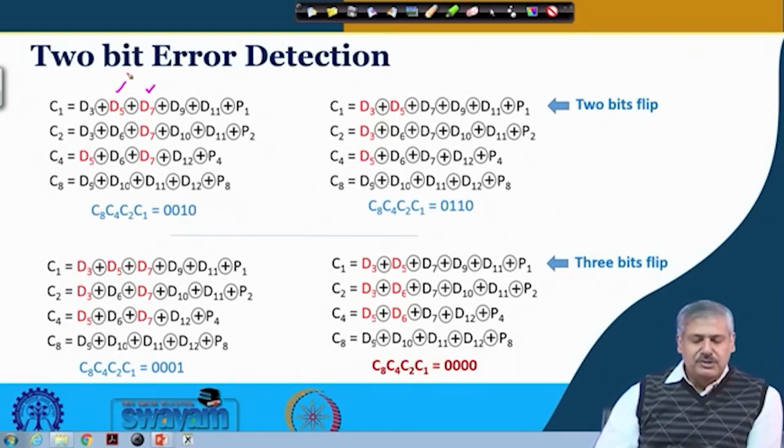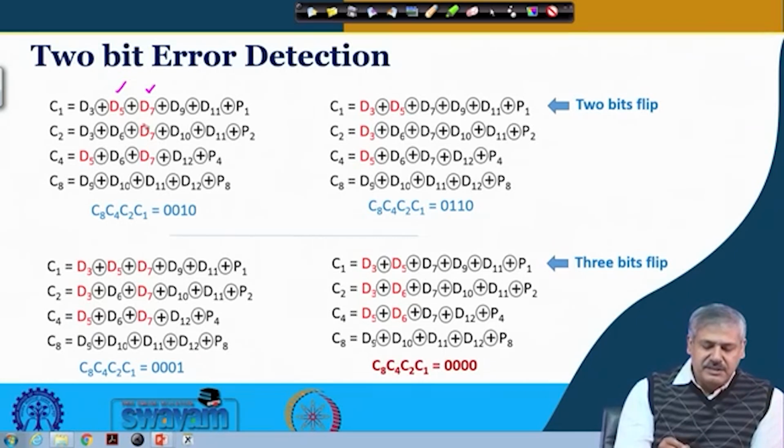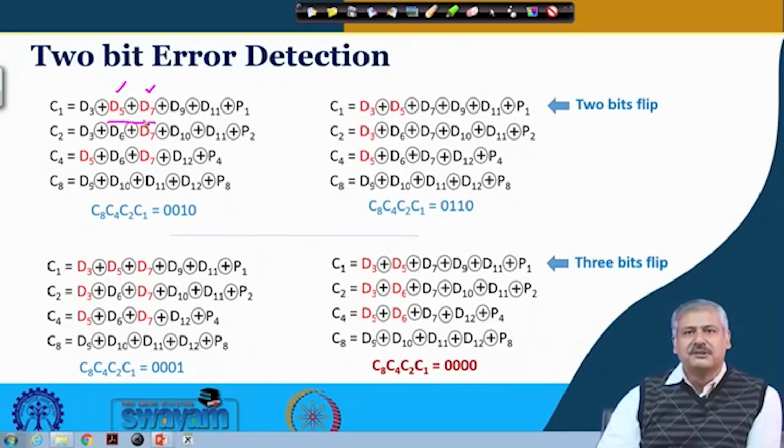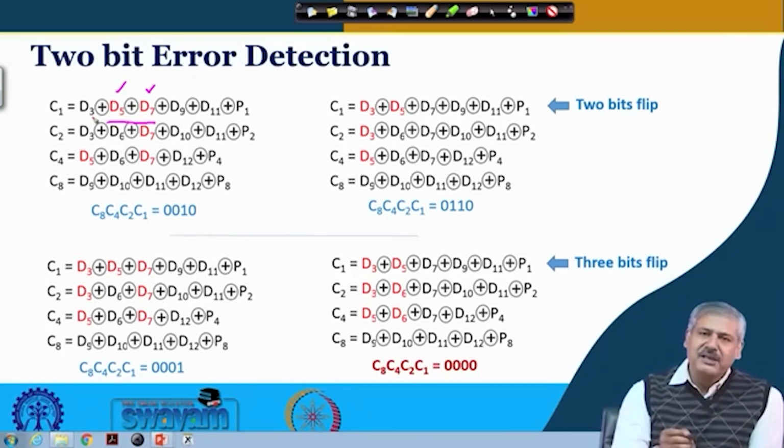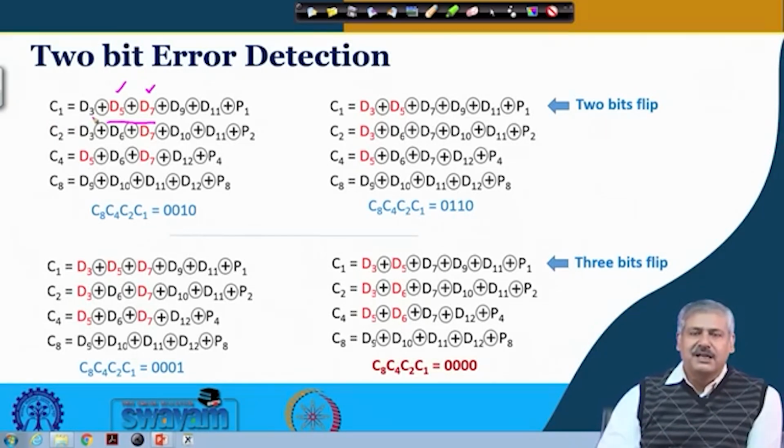What will happen in this case? Since 2 bits have flipped, C1 will be 0 only. If one bit flips, then it will give a 1 when we consider the parity bit, since overall it is even parity. Since 2 bits have been flipped, it will give you 0. So, you cannot detect any error over there.